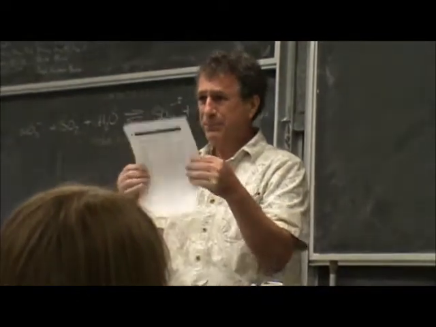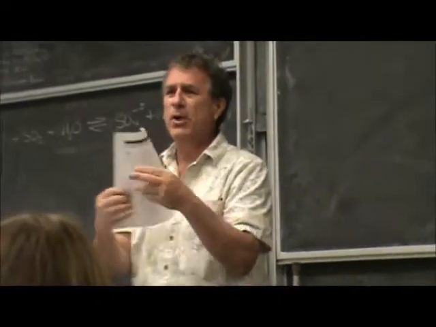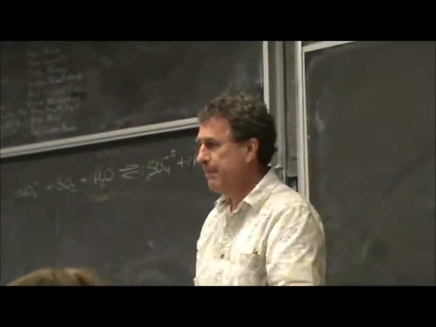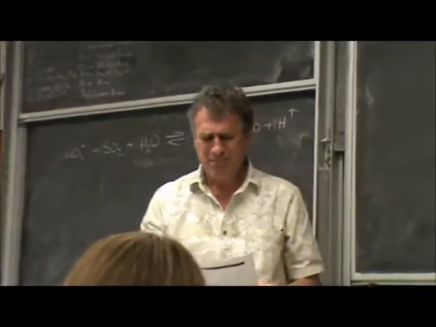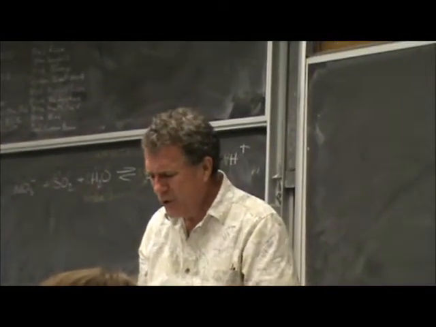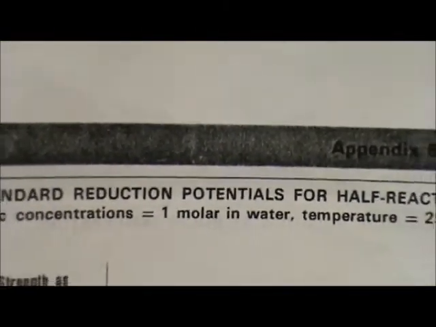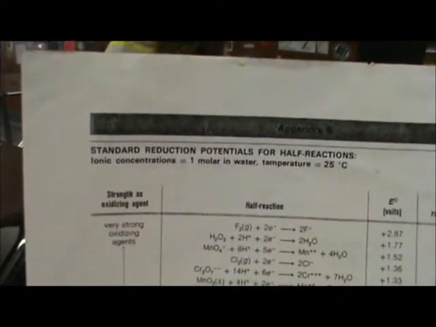Okay? So if you hold it so the holes are on the left, that's the acid-base chart, but we're interested in the backside of it. Now, what is this list? Standard reduction potentials for half reactions. That's a mouthful. Standard has to do with being measured under the same conditions.